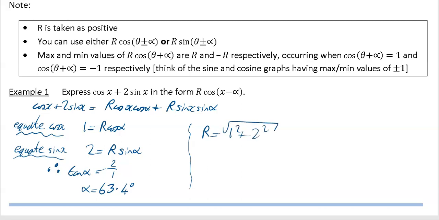So r works out to be root 5, which is an exact answer, and you would leave it as that in your answer. So your final answer is root 5 times cos(x minus 63.4 degrees).